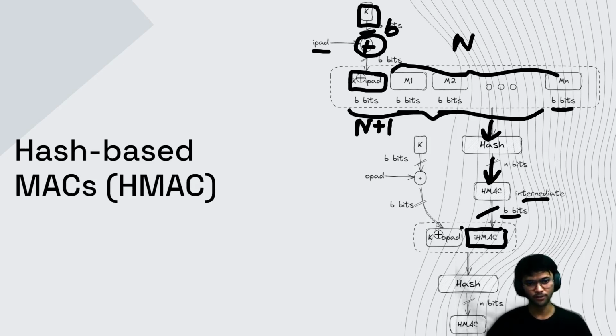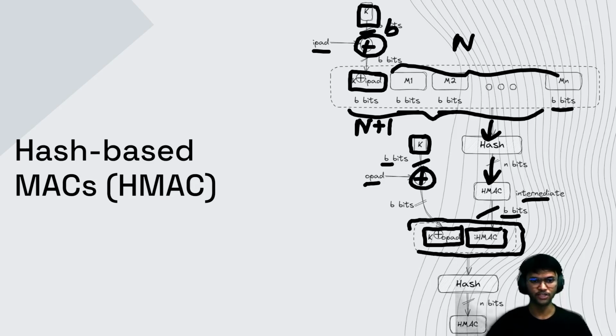But the first block that we'll need in the next pass comes from another XOR operation where we'll necessarily need the key K. We'll again left pad it with zeros just to be sure that it's of b bits, and again XOR it, this time with another constant called the opad, or the output pad. We'll prepend this block to the HMAC block and pass this in the second pass to generate an n-bit final HMAC.